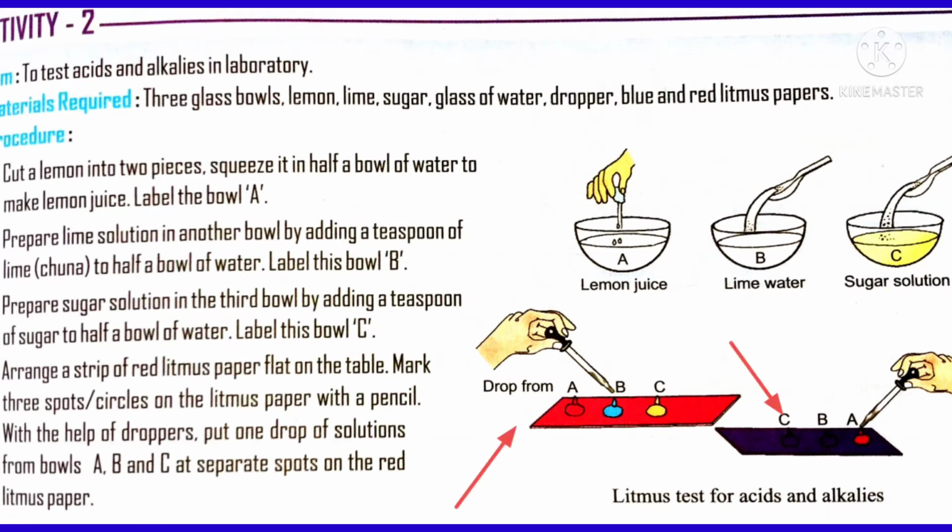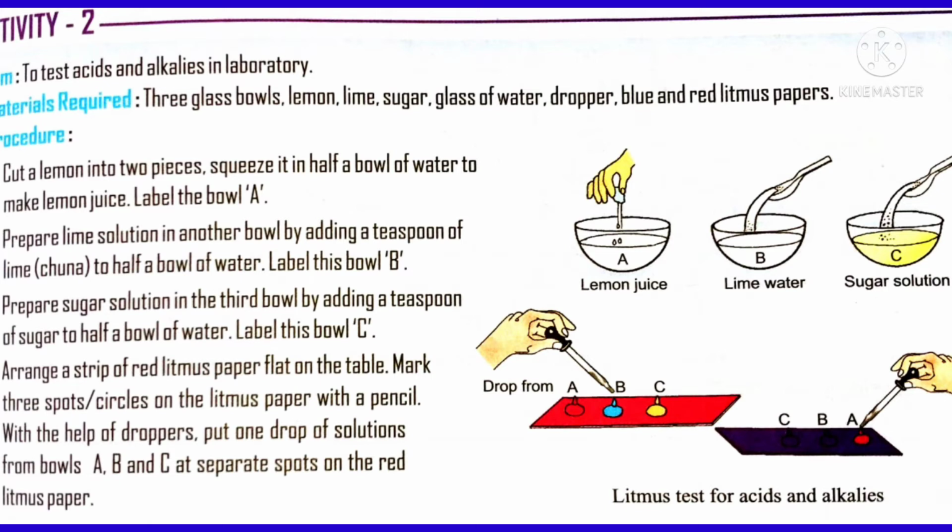With the help of a dropper, take lemon juice from bowl A and drop it on both litmus papers. What do you observe? Lemon juice contains organic acid. On adding few drops of lemon juice to the red litmus, the drop remains red.